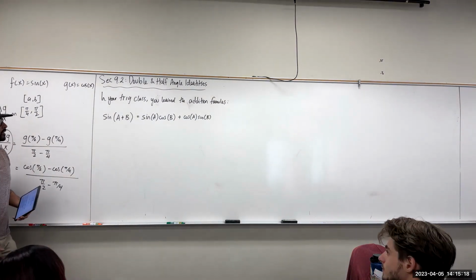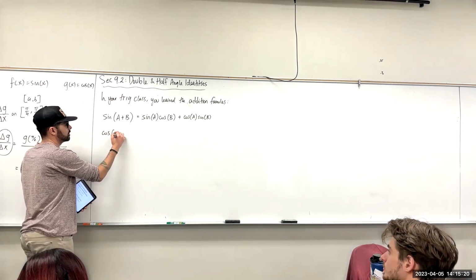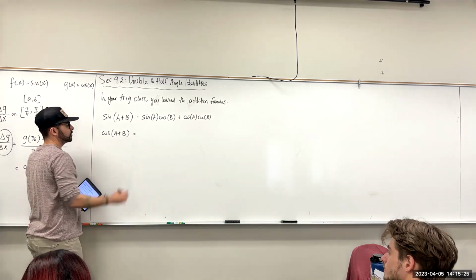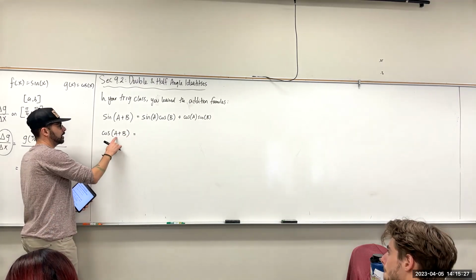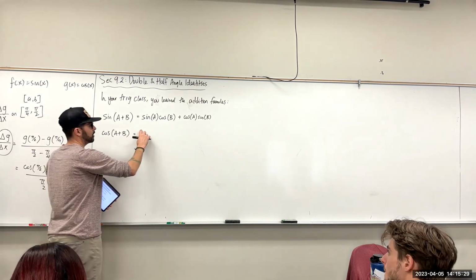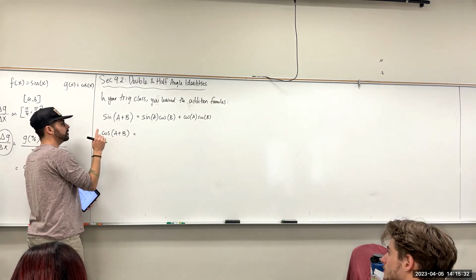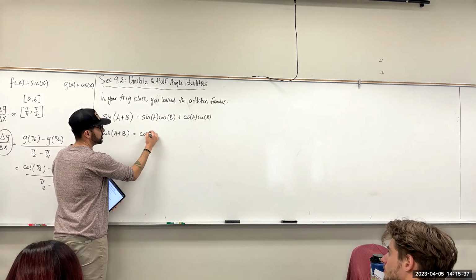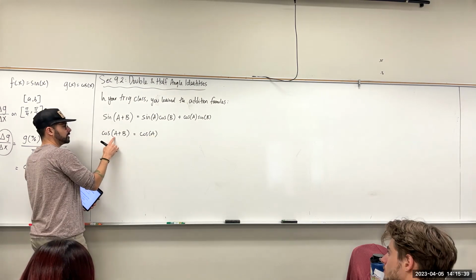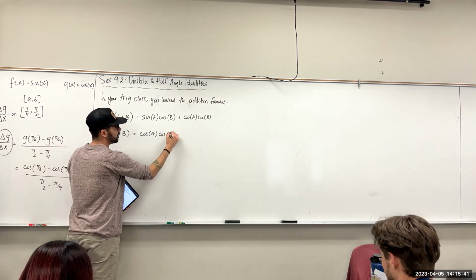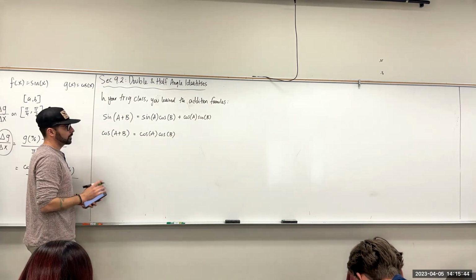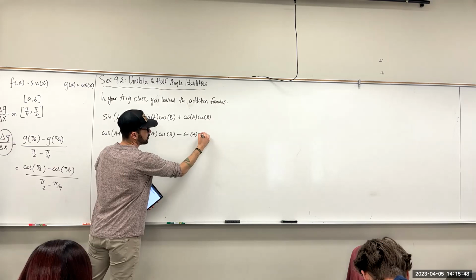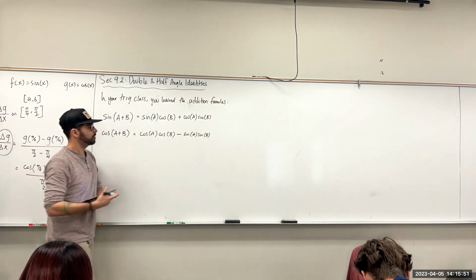And then for cosine, if I add two angles, it turns out to be cosine of my first angle times cosine of my second angle, minus sine of my first angle times sine of my second angle.